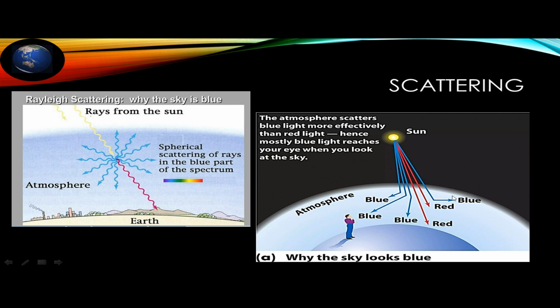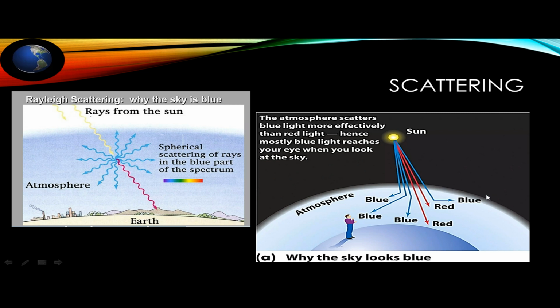You can see here how the electromagnetic radiation coming from the sun to the earth surface is scattering. Due to scattering, it is called Rayleigh scattering. Other lights or other bands of the spectrum are getting back, only the blue color is visible to our eyes.